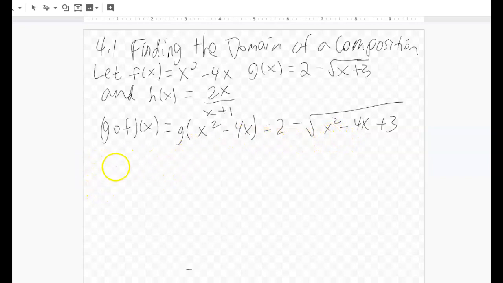meaning that this inside has to be greater than or equal to 0. So again, the way that we're going to do this is find the domain of f first, the domain of the inside function, and that's all real numbers. So we don't have to worry about any restrictions on the inside function.